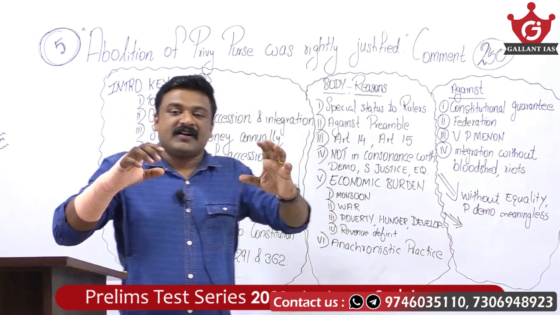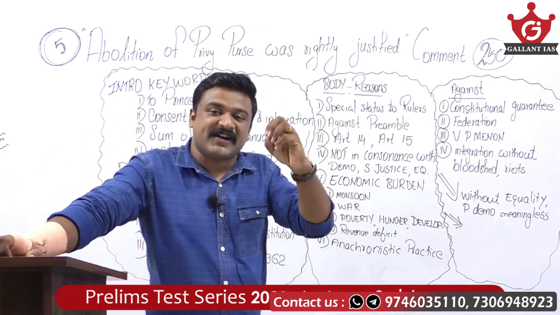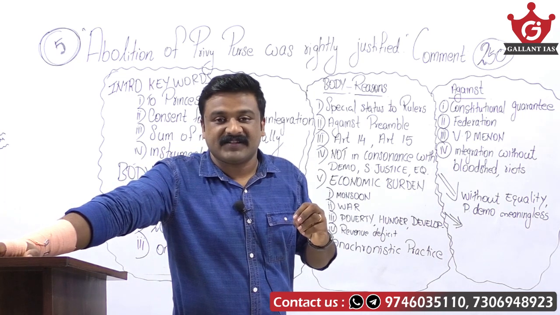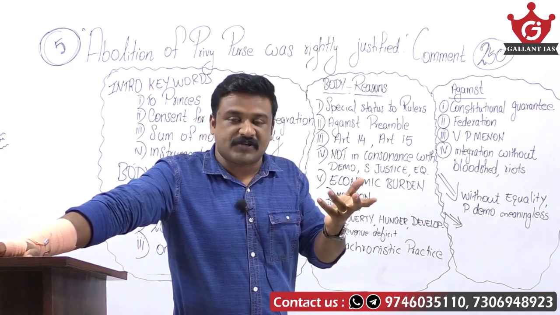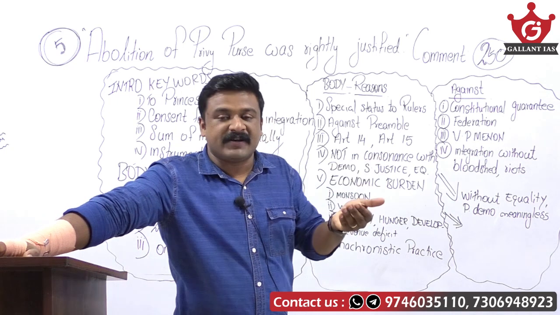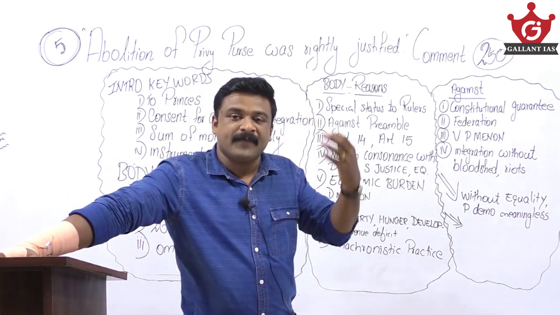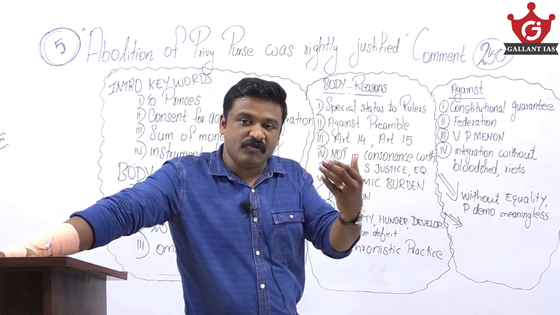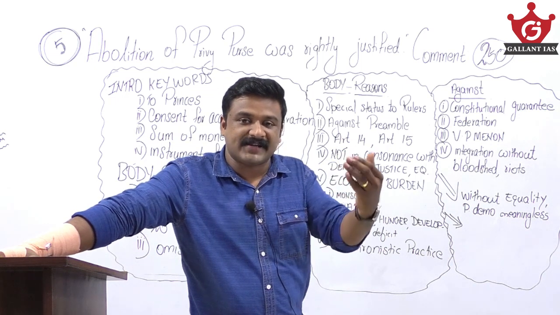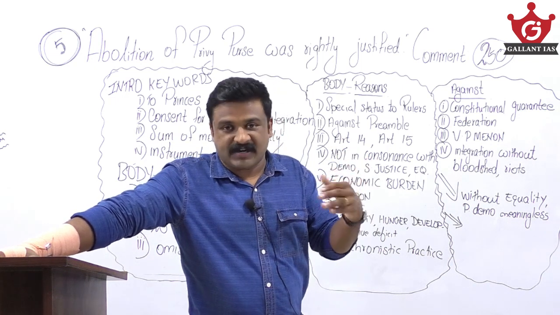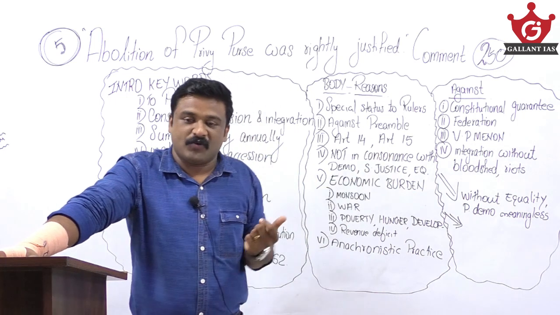Now here, before answering this question, try to understand the story of the privy purse. When the British left India after independence, they gave full freedom to the princely states of India to decide their future course of action, either joining India, Pakistan, whatever.